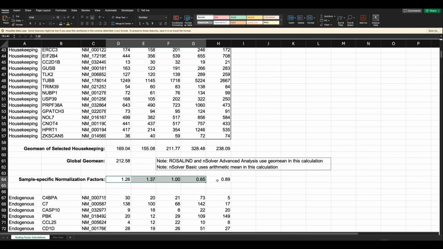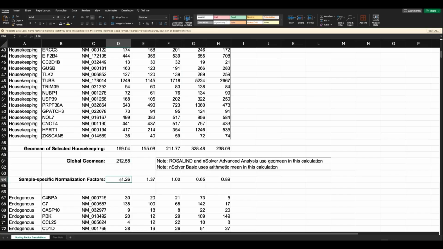The way to interpret the value is as the distance between the average expression of housekeepers in a given sample versus the average of the whole experiment. So as an example, this one is 1, which tells us, within rounding error, that the expression of housekeepers in sample number 3 is basically the same as the average expression across all the samples.